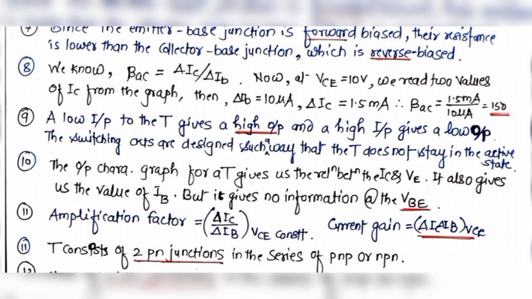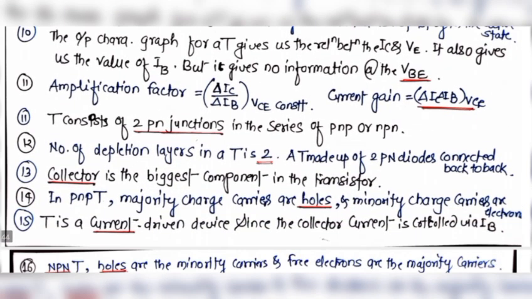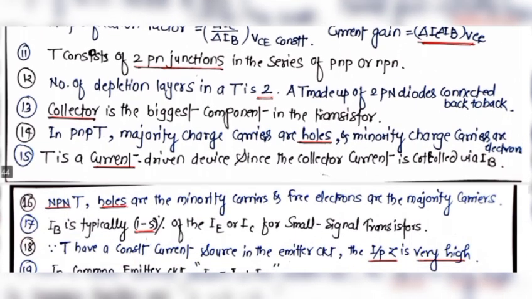Amplification factor is equal to small change in IC upon small change in IB, when VCE is constant, that is, current gain is equal to ΔIC upon ΔIB, VCE is constant.